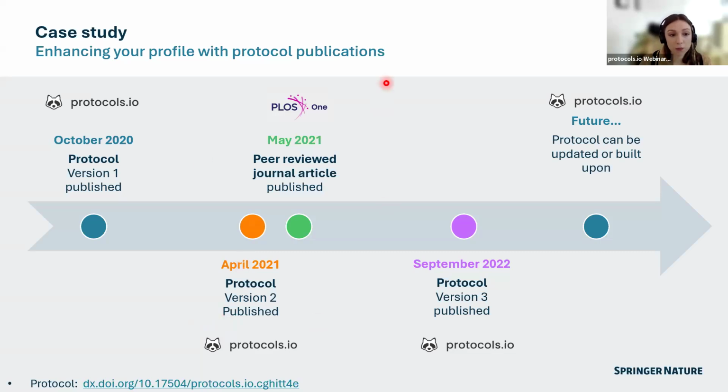And then additionally, following the PLOS ONE publication, as further improvements are made to that protocol, an additional version can be published the following year for any updates or improvements that were made. And then if we look to the future, he could publish additional versions, or we can see that other people on protocols.io can create their own forks or private versions of that protocol and then build upon it themselves.